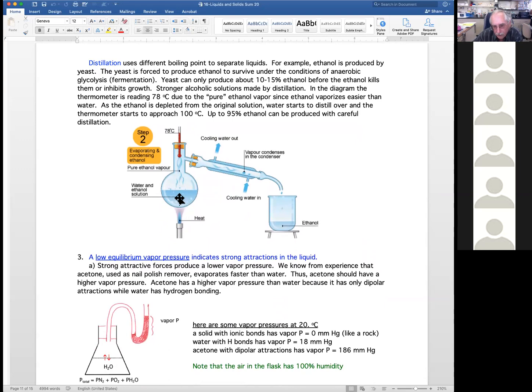When I first start this, I want to be careful not to start boiling this rapidly, but I want the vapor to be preferentially ethanol up here. So the vapor just drifts over here, and now this becomes a coolant. You put cold water in here, so now it condenses and drifts over here, and you're going to get ethanol.